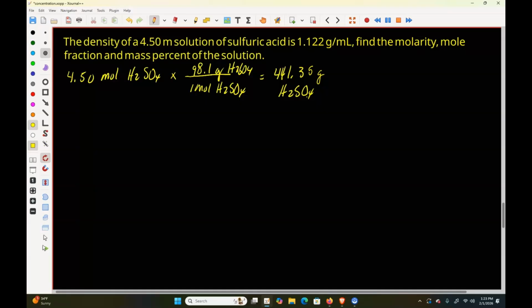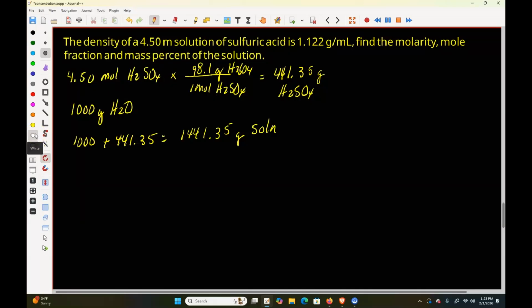Alright, since it's molality, I automatically know that I have 1 kilogram of water (1,000 grams of water). So if I add those two together, I would have 1441.35 grams of solution. That's the total mass of all the solution.